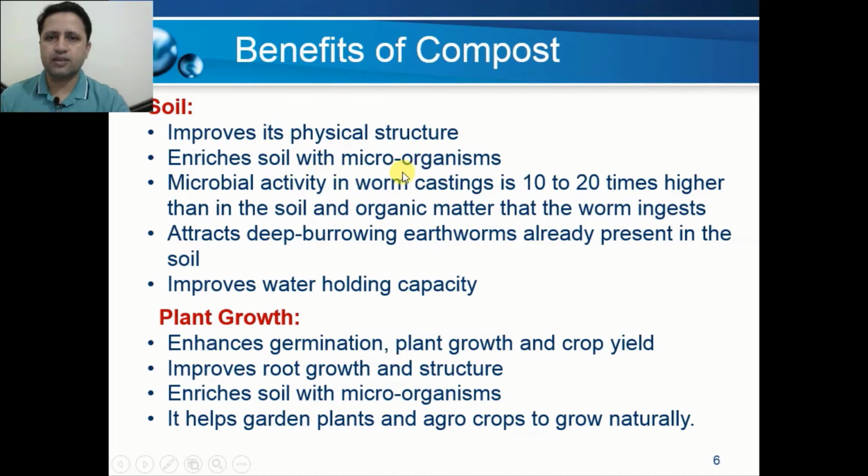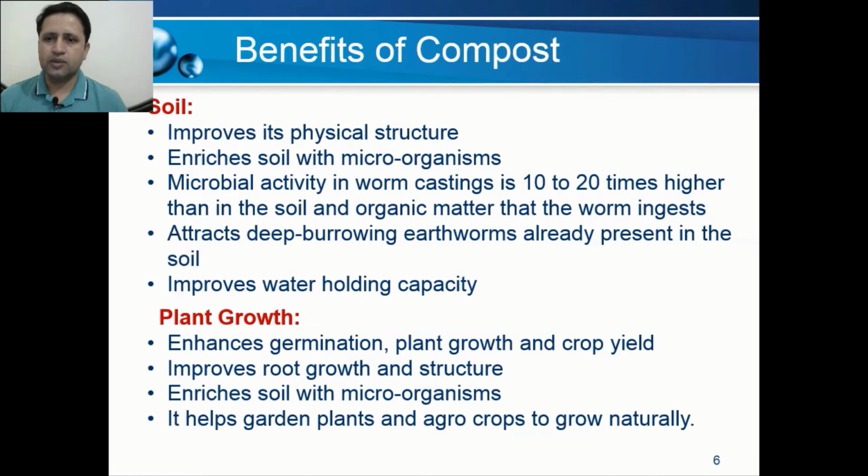Healthy microorganisms can be added to the soil, which can enrich the soil. And microbial activity in worm casting is 10 to 20 times higher than in the soil and organic matter that the worm ingests. And it can also attract the deep burrowing earthworms which are already present in the soil.